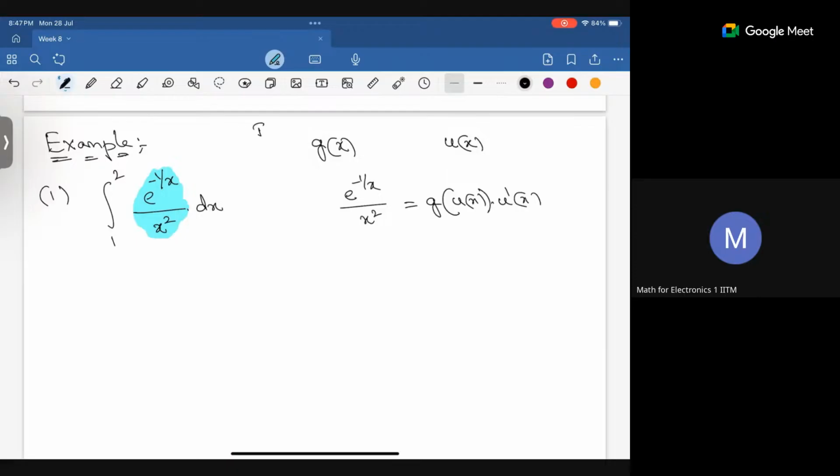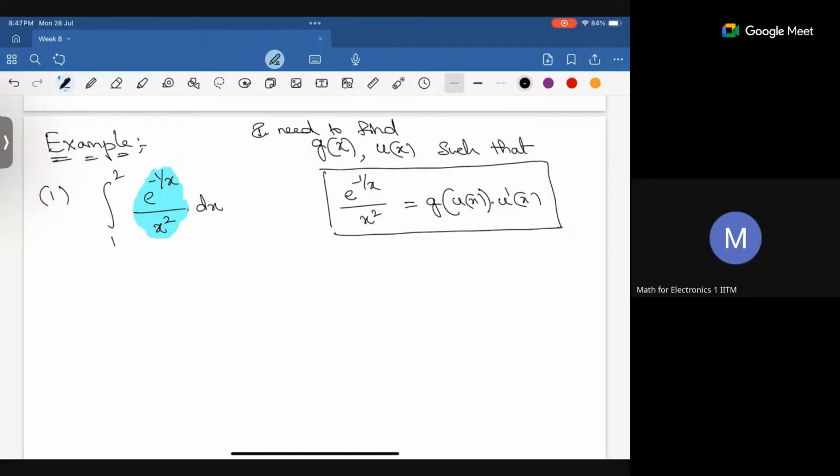So I need to find g of x, u of x such that this happens. Can we find this? Is it very easy to see? Anybody?